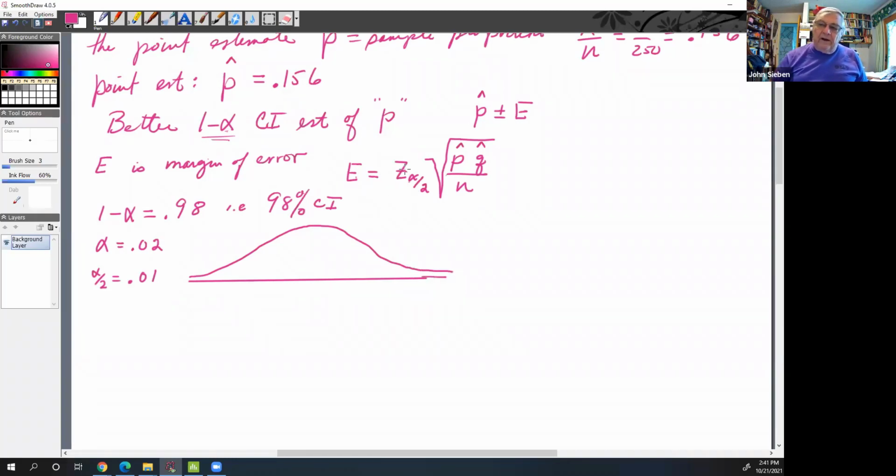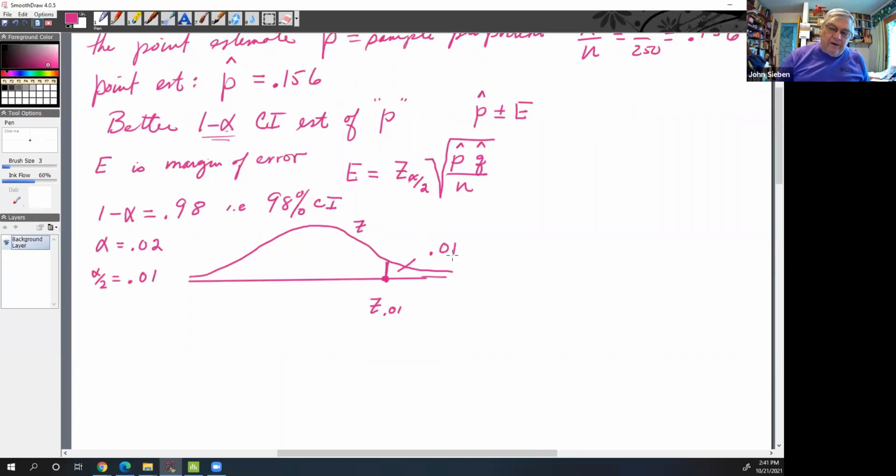And I know from work we've done in the last month that Z alpha by 2 would be a point right about here. Now alpha by 2 in this instance would be 0.01, as we calculated. The location of that is such that it cuts an area of 0.01 in the upper tail.